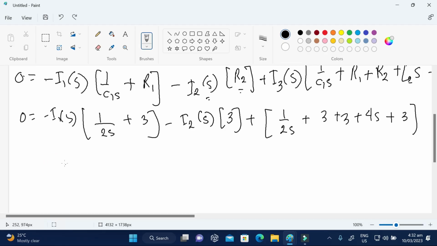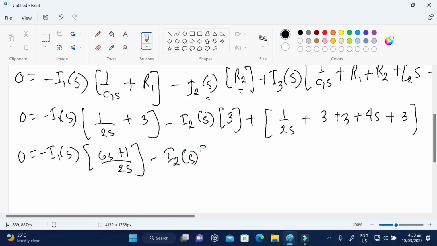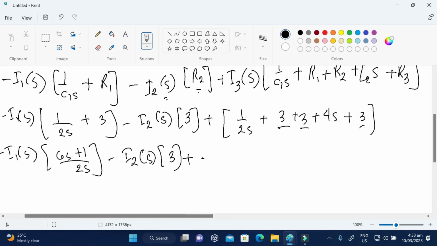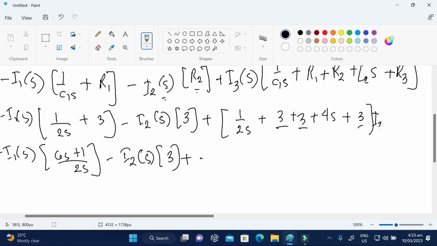So we have 0 is equal to negative I1S multiplied by 6S plus 1 over 2S minus I2S times 3 plus ito, tsaka ito, magiging 9 ay I3 ito. Kulang tayo ng I3S. Okay, 9.